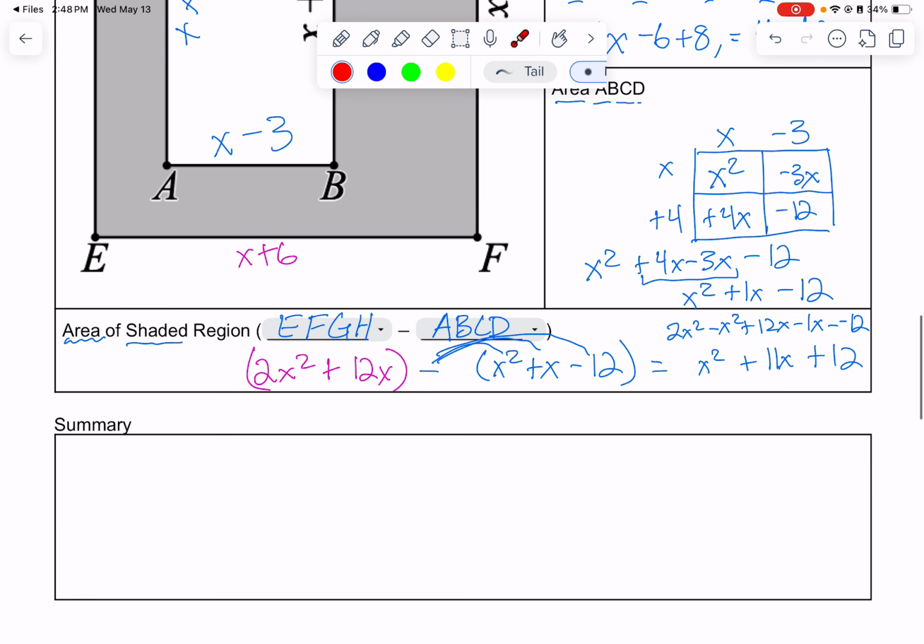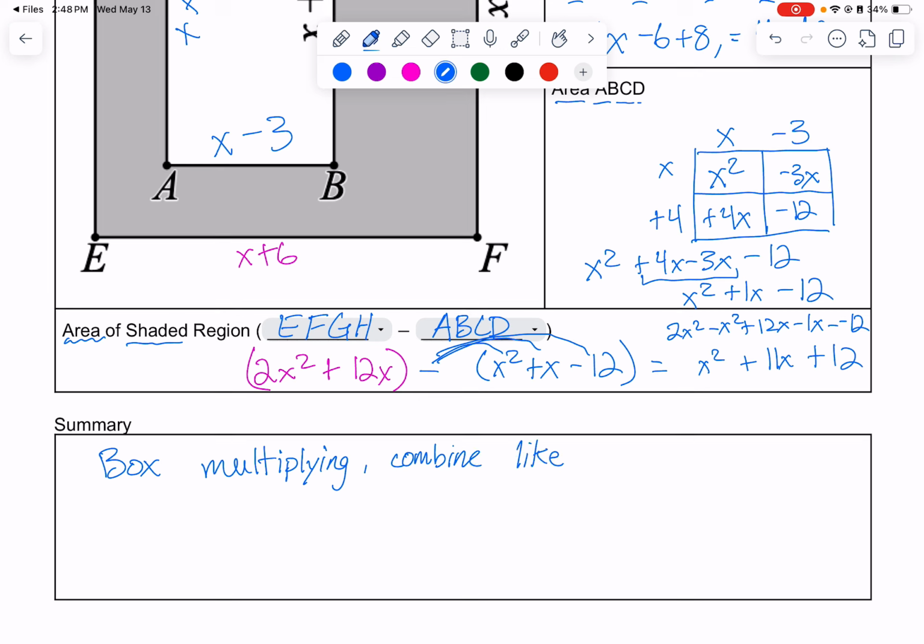Okay, so in your notes, talk about box multiplying. In your summary, talk about combine like terms. Also, just refresh on the idea that perimeter is the distance around, where you add.